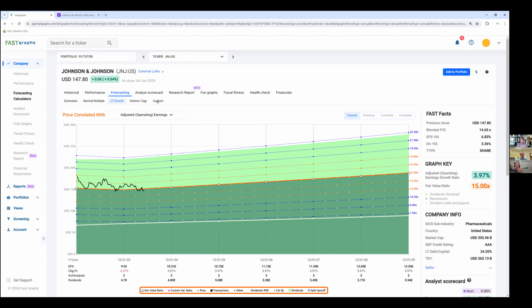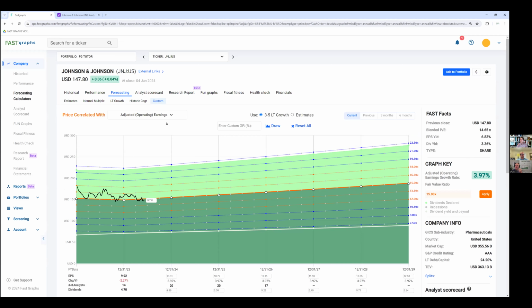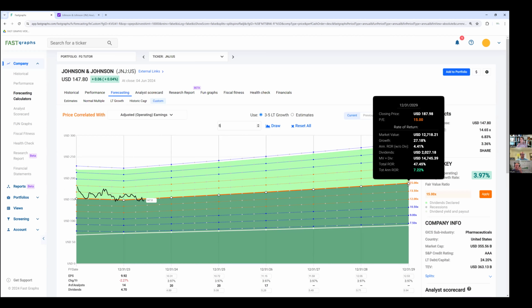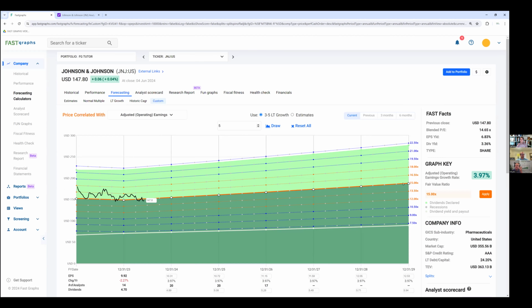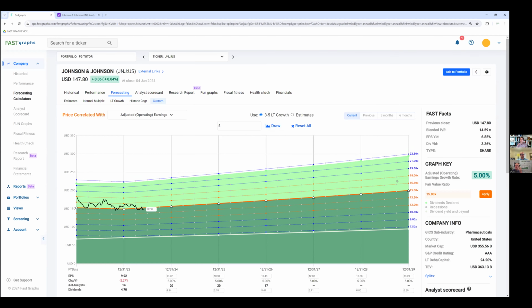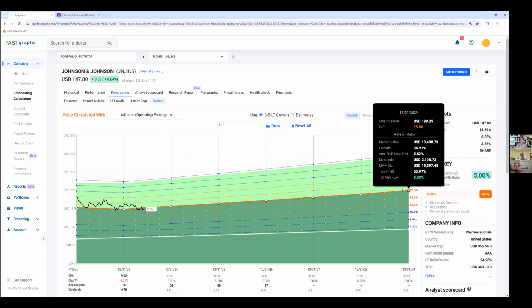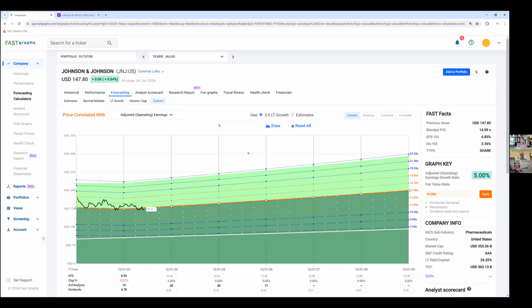Now, you can go into the custom calculator, by the way, and I could put in the 5% that I saw at Yahoo, and I could draw. Right now, I've got 3.97 or 4%. So I would get a 7% rate of return expectation. If I drew it at the 5% that the Yahoo analyst said, I would get a number of 8.3%. So I can do my own work. I can even apply my own dividends.